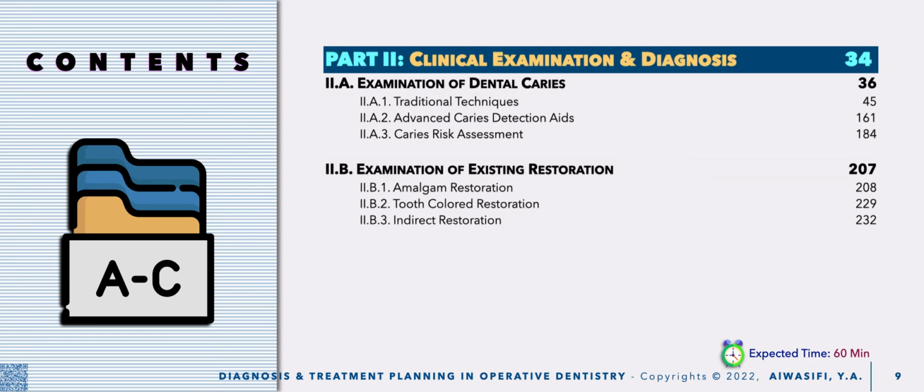Then we went forward to clinical examination and diagnosis, starting with examination of dental caries at different levels, traditional level, then advanced level, then caries risk assessment. In this episode, we will discuss how to examine an existing restoration.